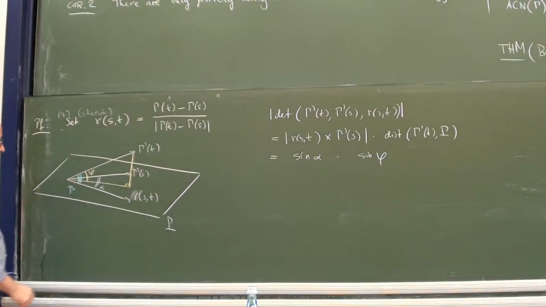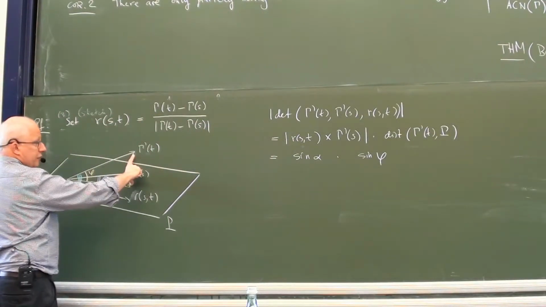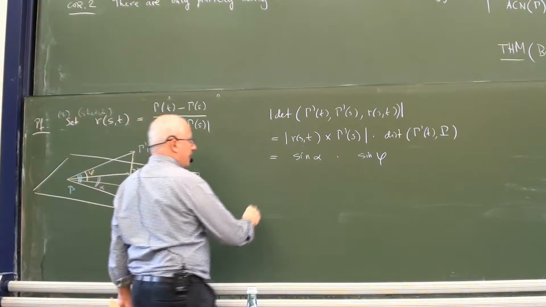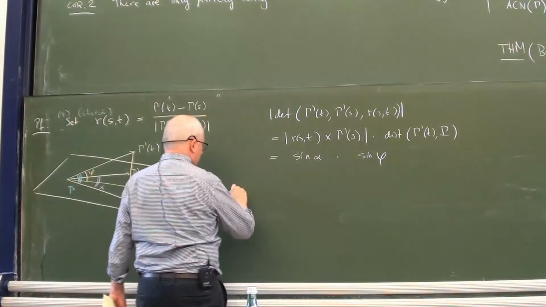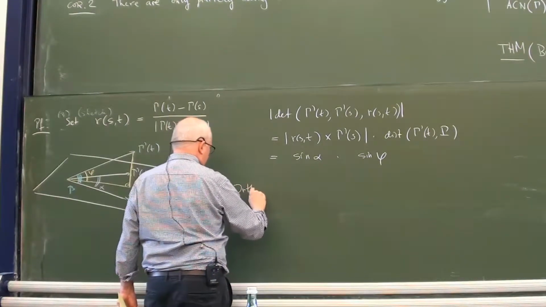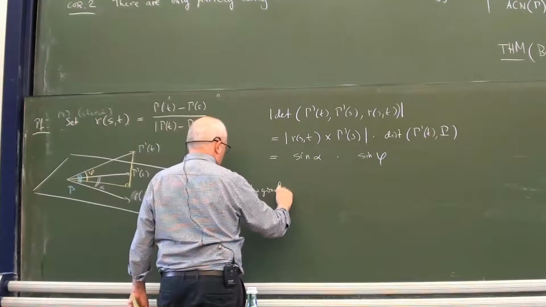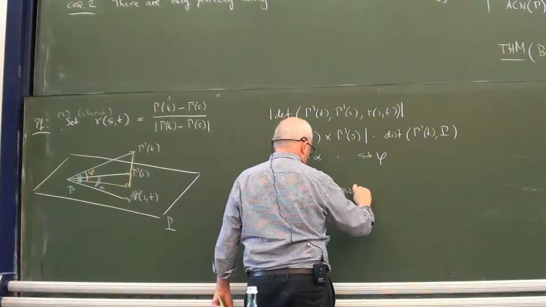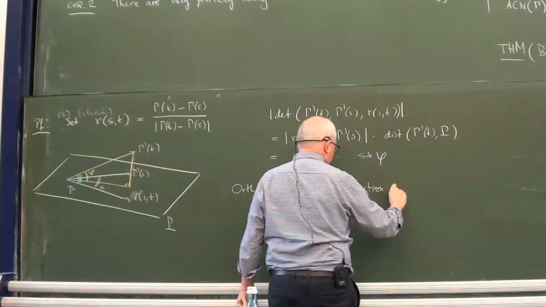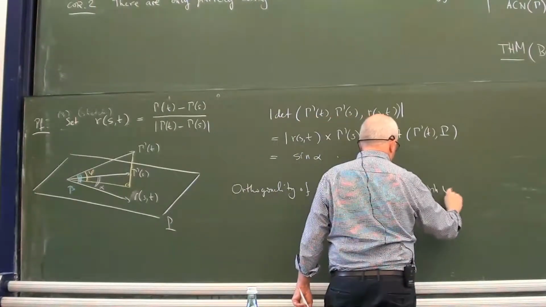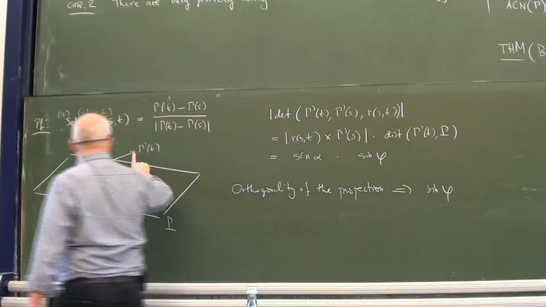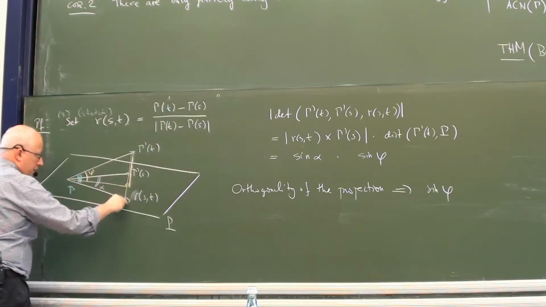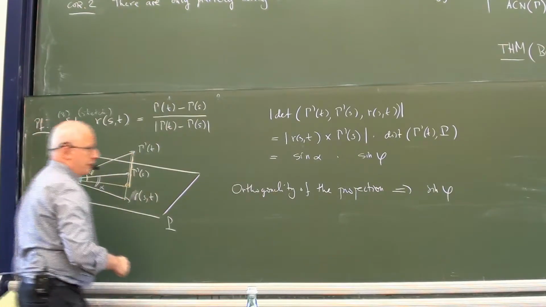Now, since this is the orthogonal projection, the orthogonality of the projection implies that sine of phi, which is this distance, is smaller than this distance, which is the sine of beta.